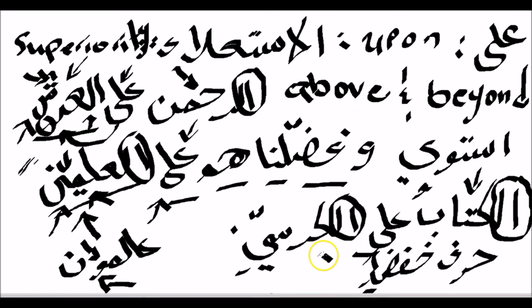That means kursi is an ism because ala comes before it and al comes before it, and it has a kasra that is caused by ala.